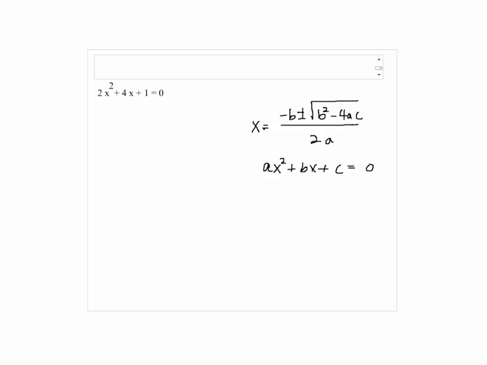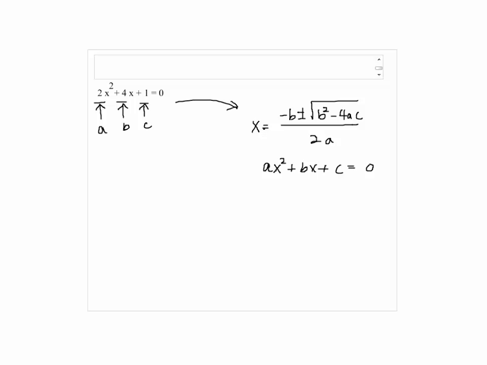So our equation is 2x squared plus 4x plus 1 equals 0. So our a is 2, our b is 4, and our c is 1.